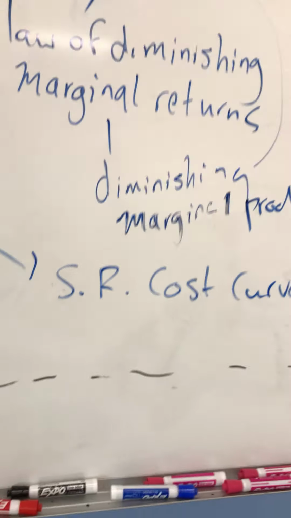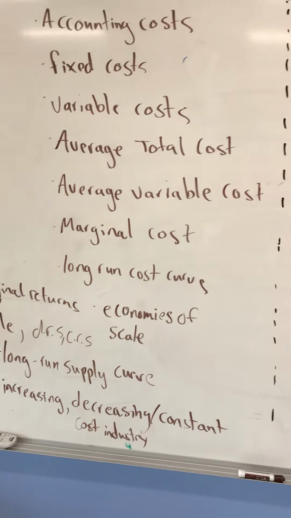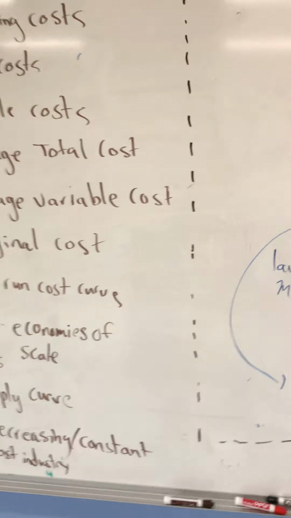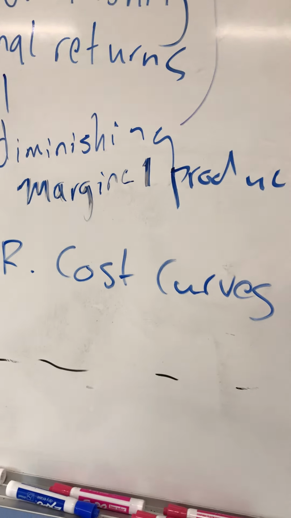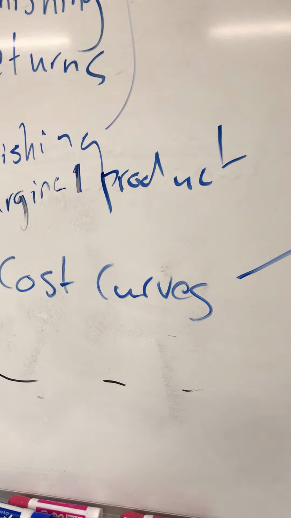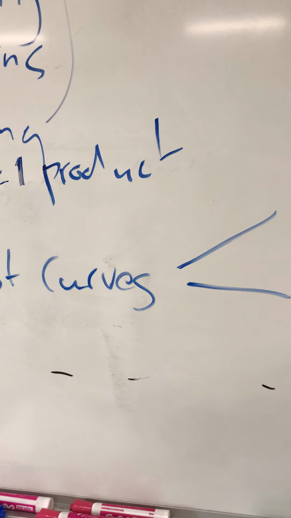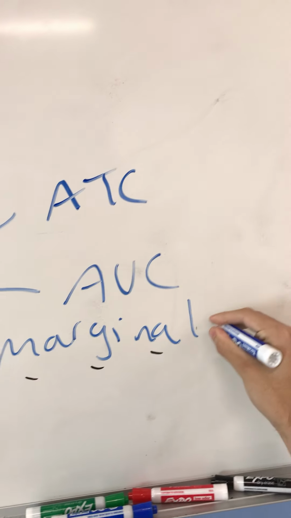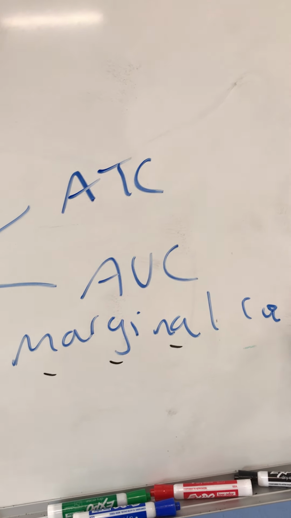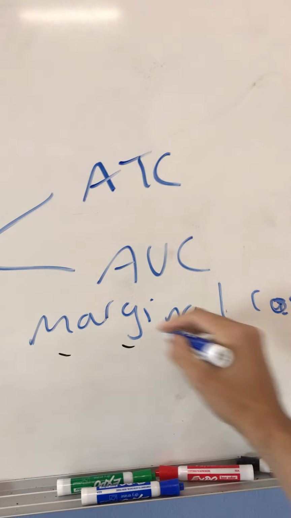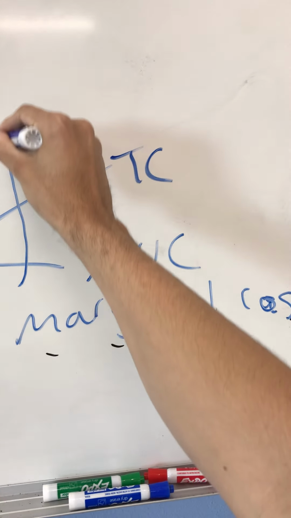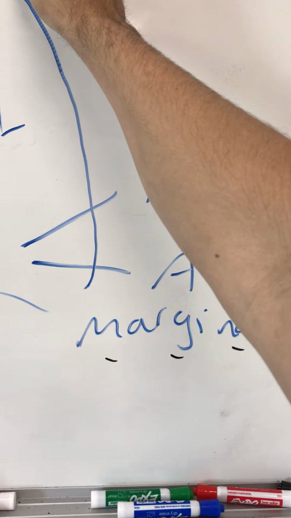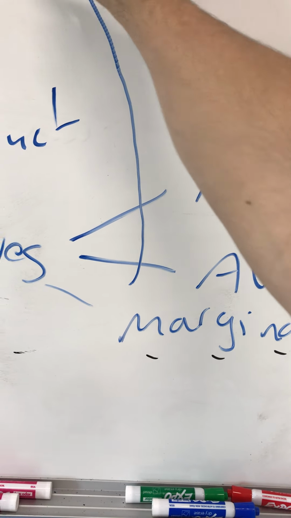Okay, we're going to draw it on this word map. I think in the previous video, you all saw Angel's ATC curve, AVC curve, and marginal cost curve. He made his little concept map out of the short-run cost model that we've developed.